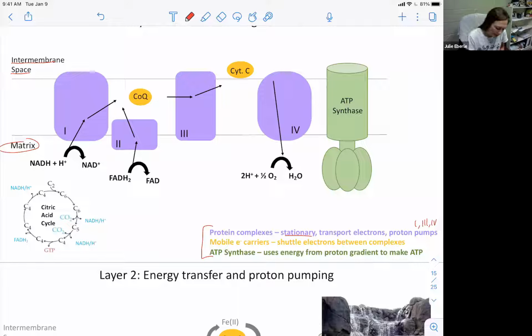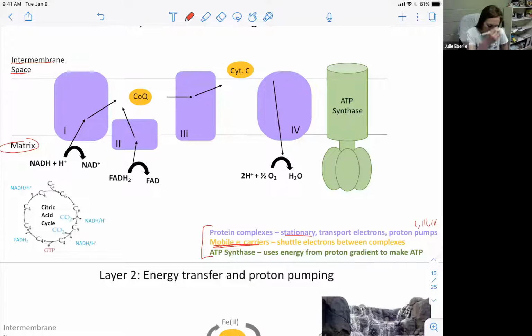All right. The yellow things that you see, one says CoQ and one says CYTC. Okay, these are mobile electron carriers. They are just going to shuttle electrons between the protein complexes, between 1 and 3 and 3 and 4. Okay. And coenzyme Q is CoQ, and cytochrome C is that second one up top.